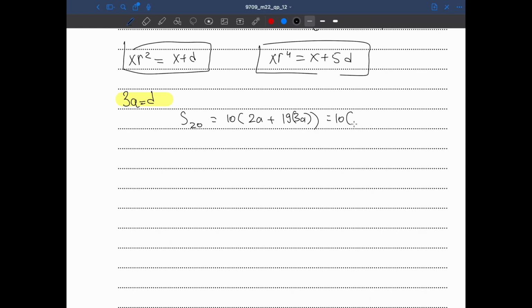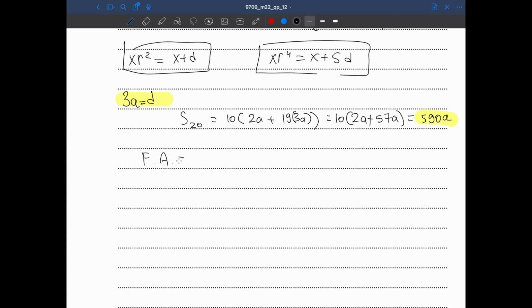This is going to be 10 multiplied by (2a plus 57a). Is that right? Yeah, which will give us 10 multiplied by 59a, which is 598. So that should be our final answer.